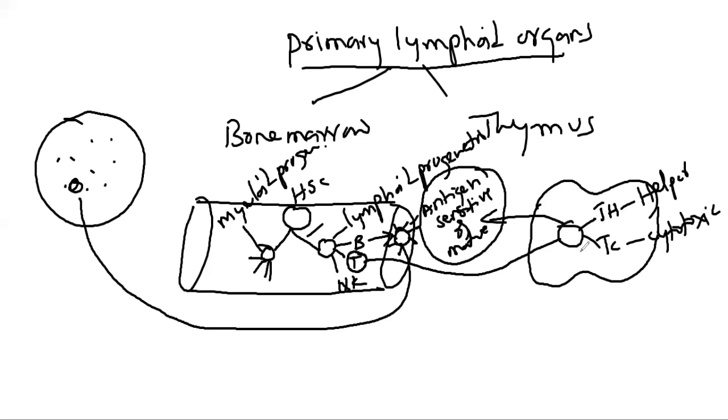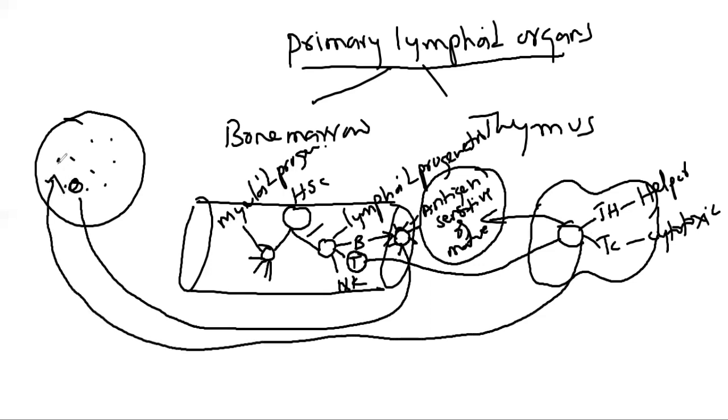After the maturation, the same T cells reach the secondary lymphatic organs where they can recognize the antigen and become active cells. So this clearly indicates that primary lymphatic organs are those where you can observe the formation and maturation. So B lymphocytes are represented by bone marrow or the bursa of birds, and T cells by the thymus.